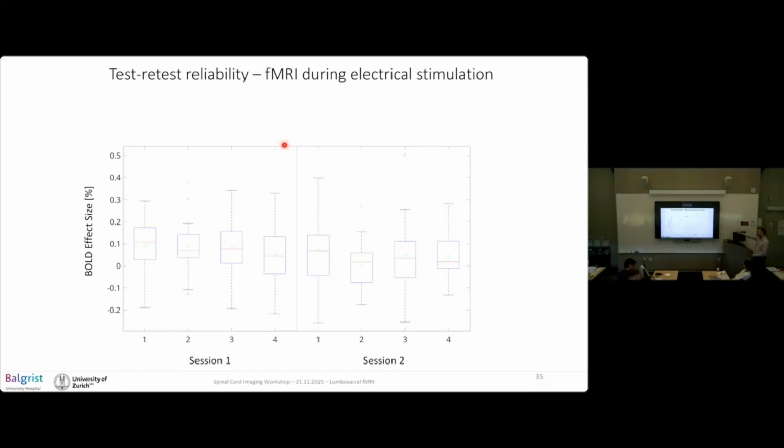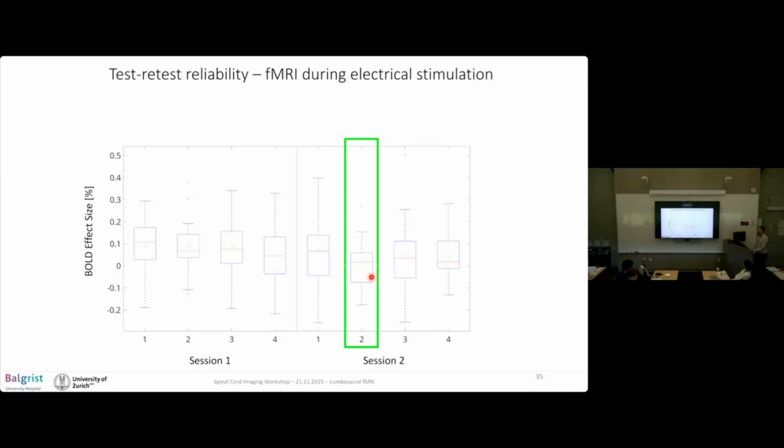So here you can see the BOLD signal change across the different runs of session 1 and session 2. What we noticed is that during session 2, the first run had a quite comparable effect size compared to the first run of session 1. But right after the second run, the effect size rapidly declined.